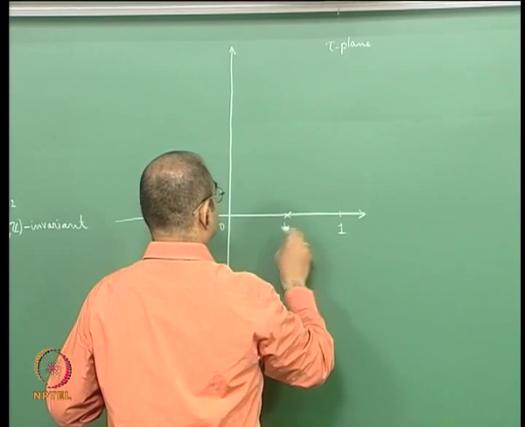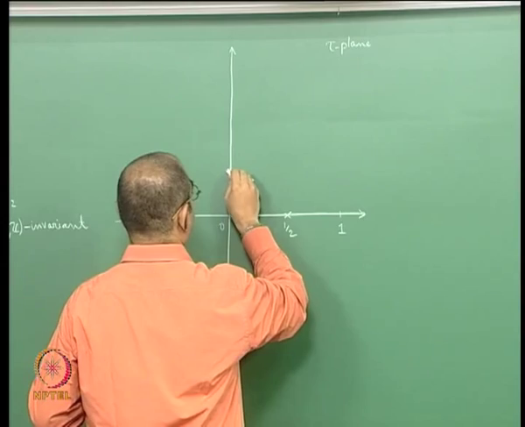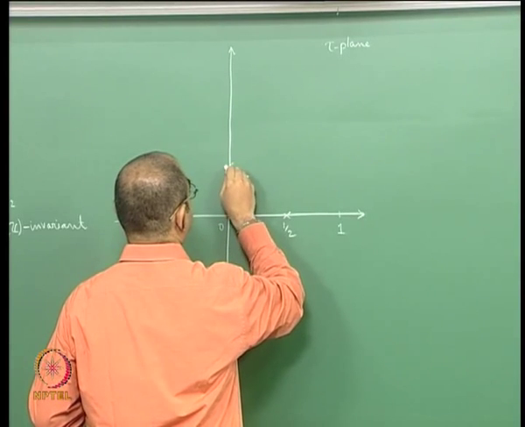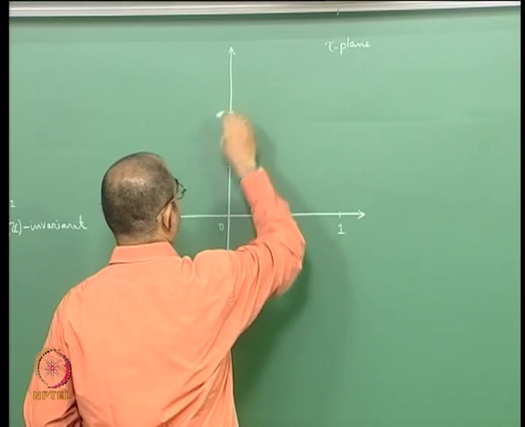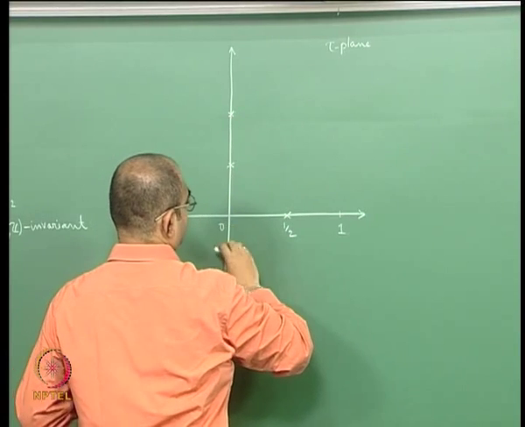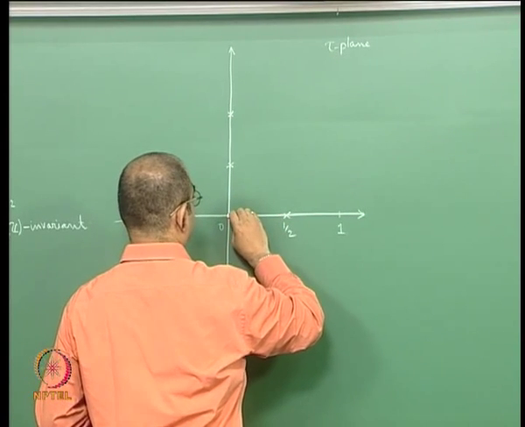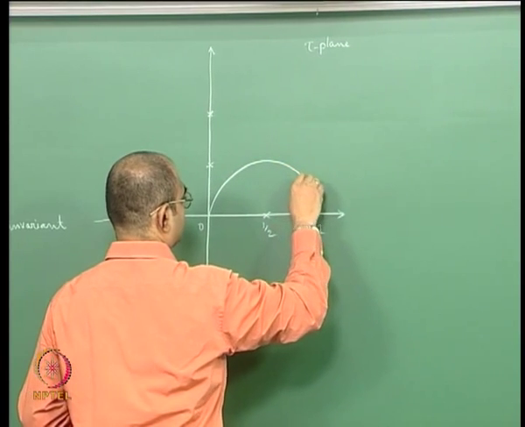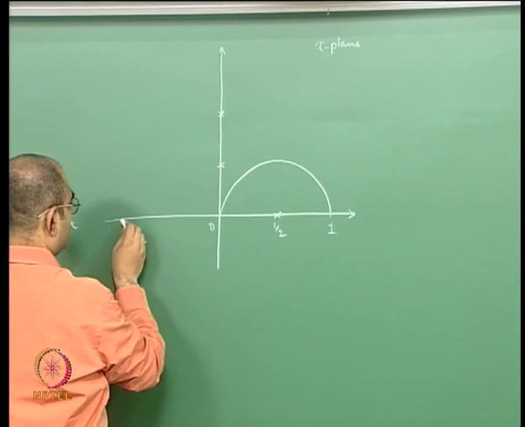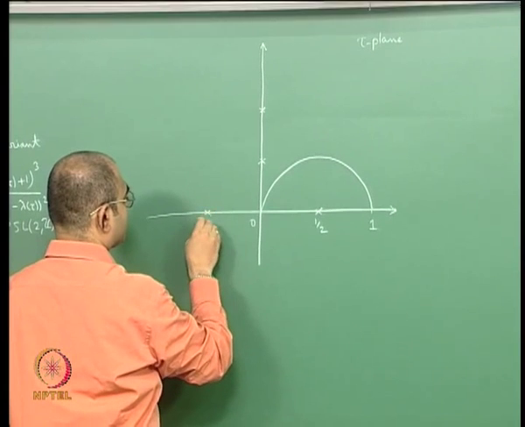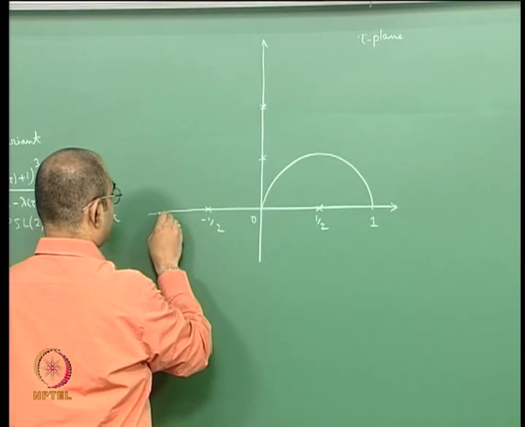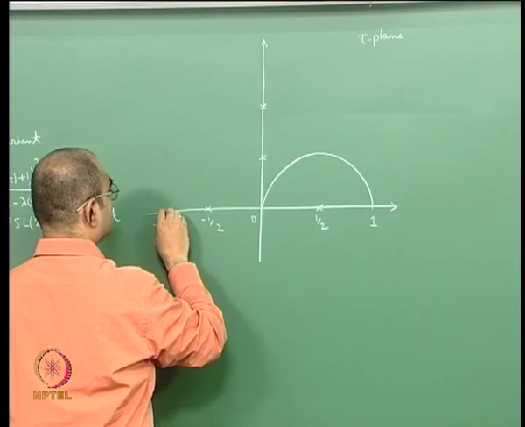So this is half, this is 1, so this is i. You see I draw this semicircle centered at half, radius half, so I get this. Then I do the same thing at minus half, and I end up with this semicircle.